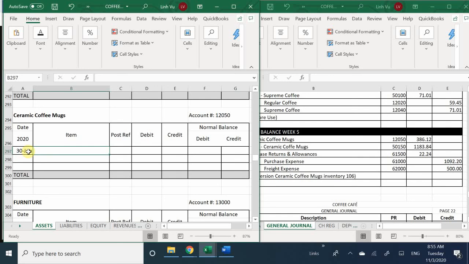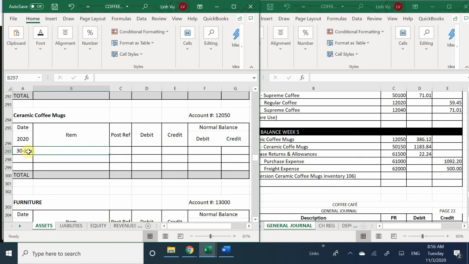What are you going to place here? That's a good question. Sold? We didn't sell anything. This is us transferring from expense to inventory.